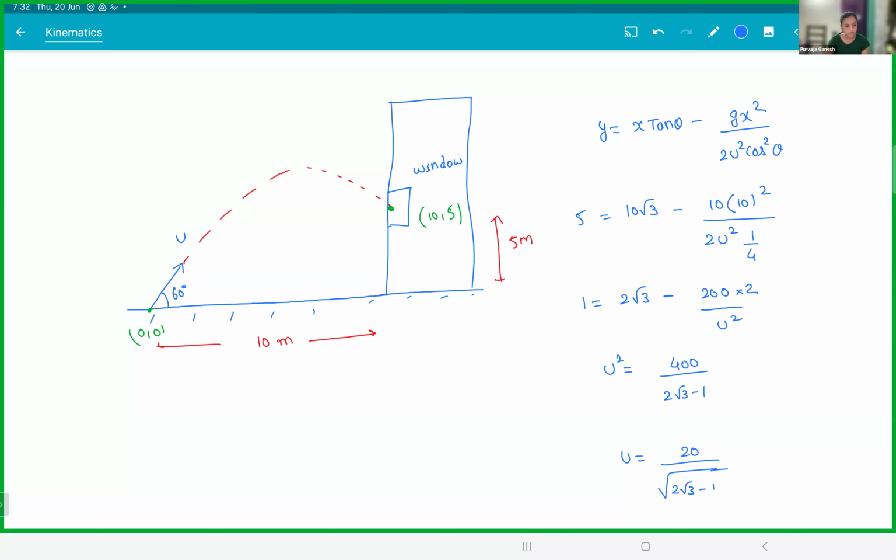Okay. Minus 32 equals 2 root 3 t minus t square.